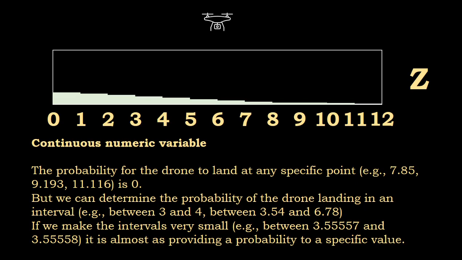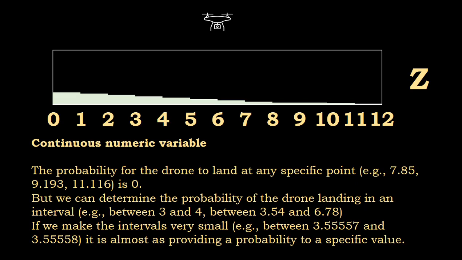So instead, we have to assign probabilities, or a probability mass, to an interval. For example, the interval between 3 and 4, or the interval between 3.54 and 6.78. And for those intervals, we can assign a probability.